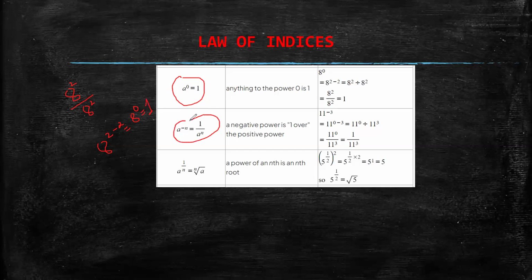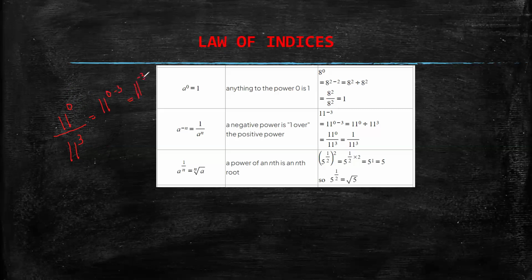Now reciprocal, we already did this in the previous video, so you can go and watch it. It will help you. I can just explain this example. If, for example, we have a question like this: 11 raised to the power 0 divided by 11 raised to the power 3. We all know that when the bases are the same and the numbers are divided, we have to subtract the powers. So it will become 11 raised to the power 0 minus 3, which is 11 raised to the power minus 3.